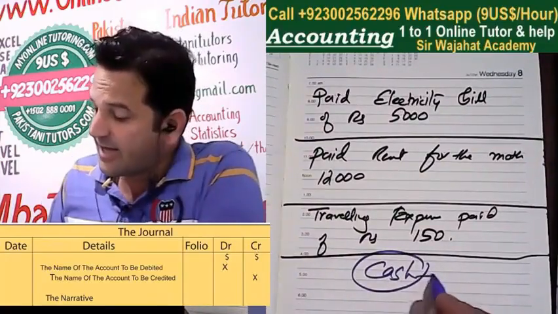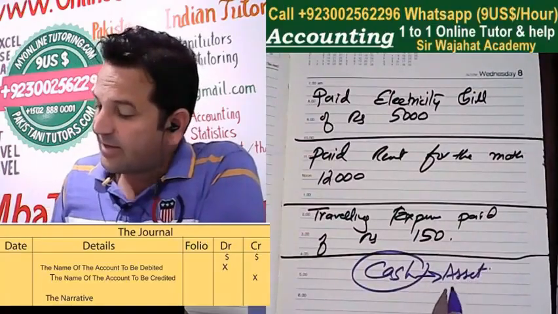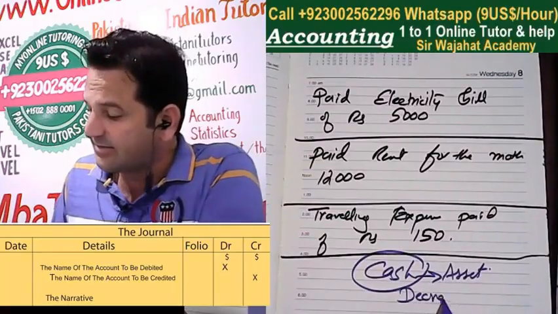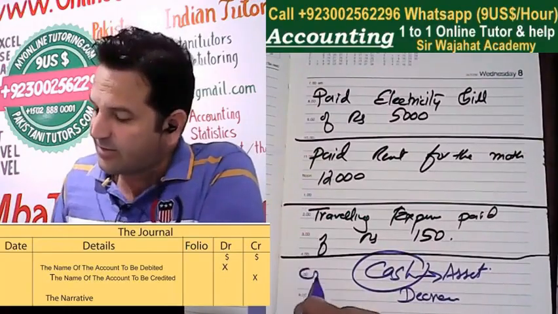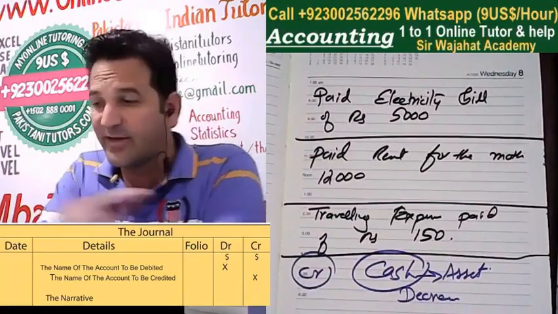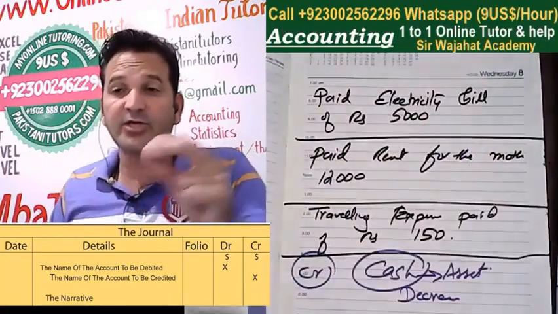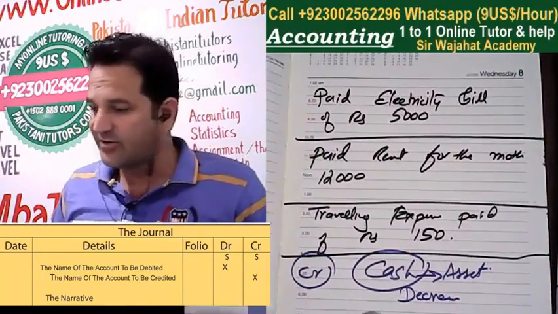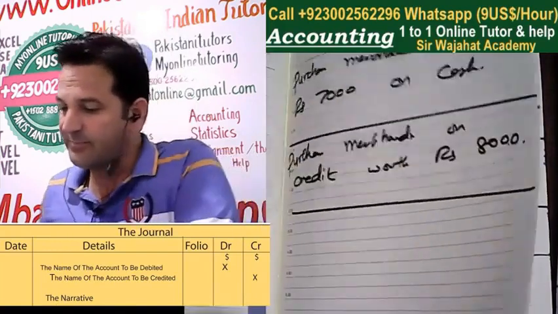Cash is our asset. When we pay cash, the cash decreases. In all three cases, cash must be credited. What should be debited? In the first condition, electricity expense should be debited and cash should be credited. Let's prepare it together.